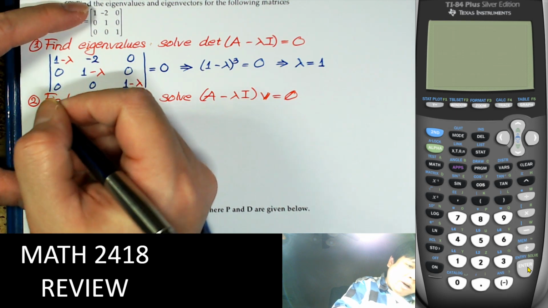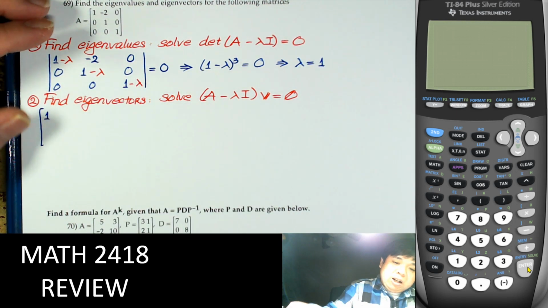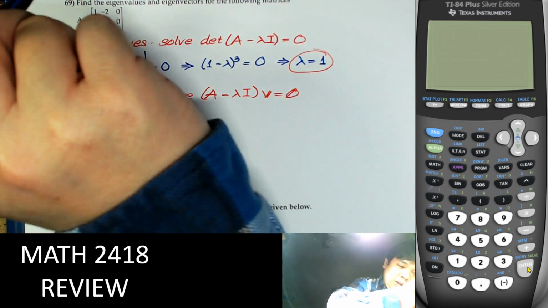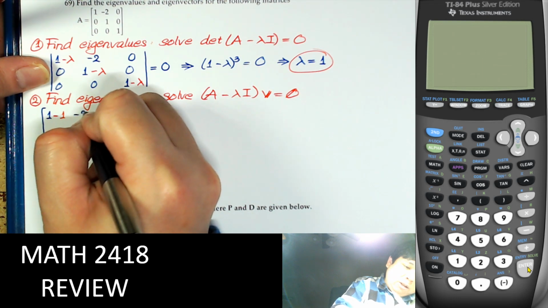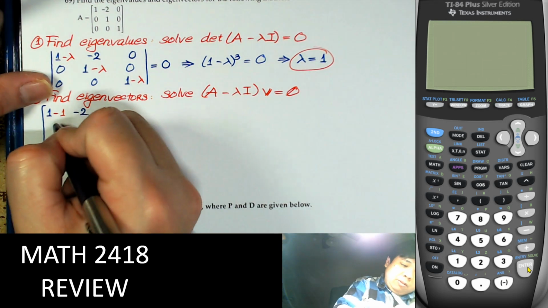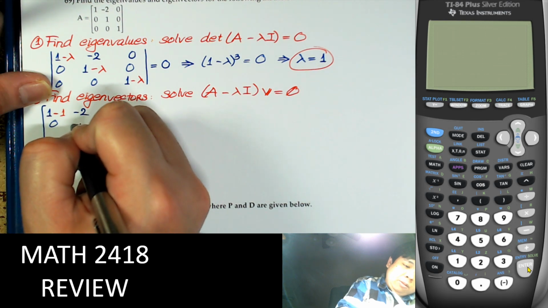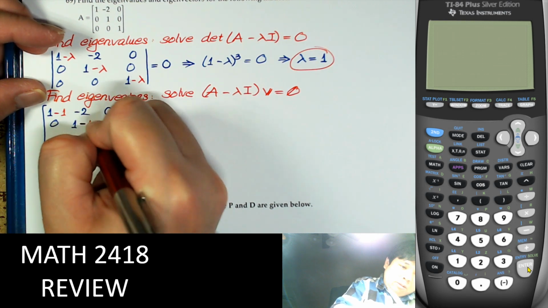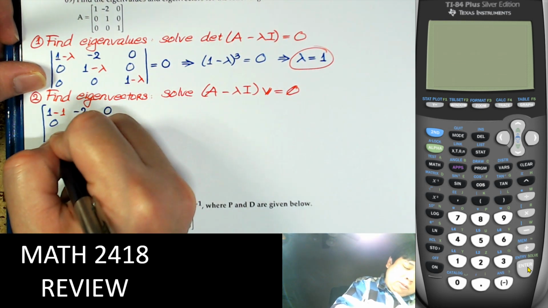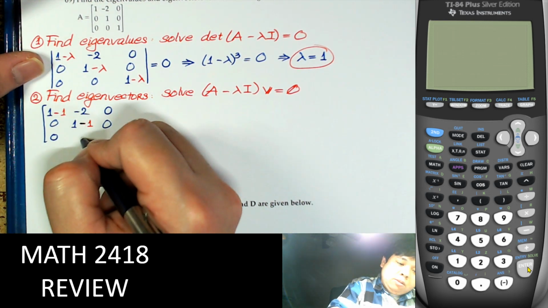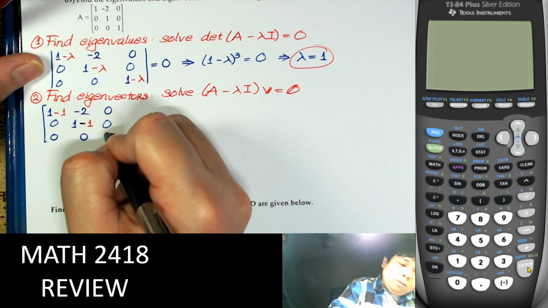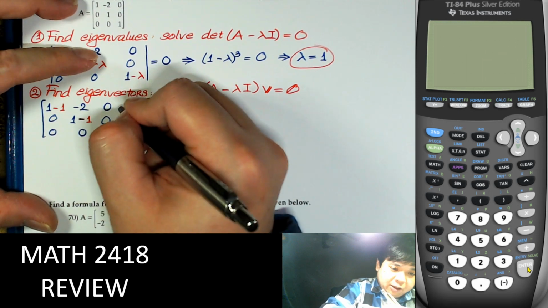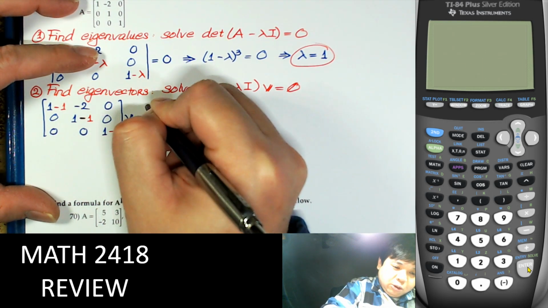Right, so take the matrix A, subtract the lambda, which is 1, just subtract lambda on the diagonal entry times v equal to 0 vector.